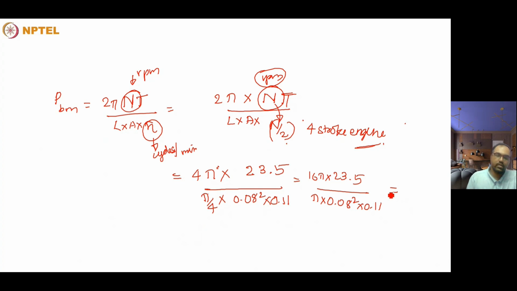This pi and pi get cancelled out. So it will be coming around 5.34 bar.